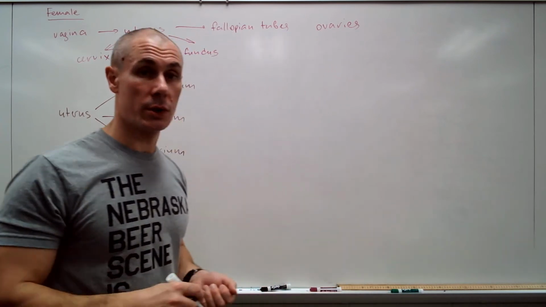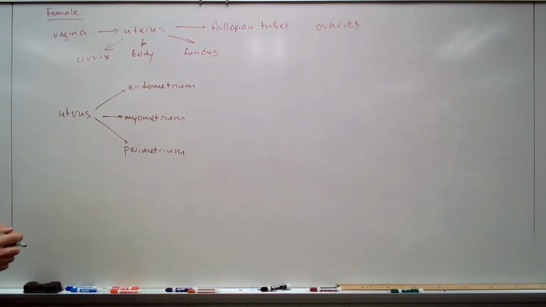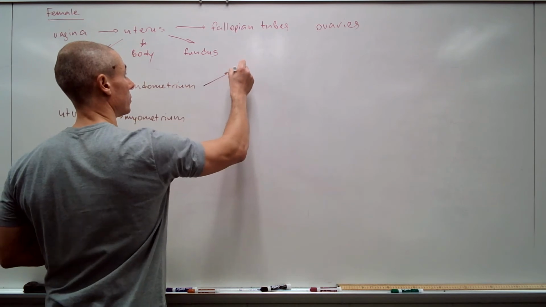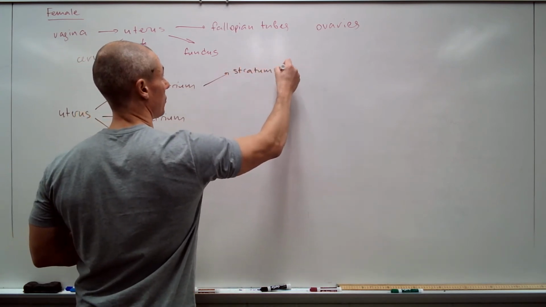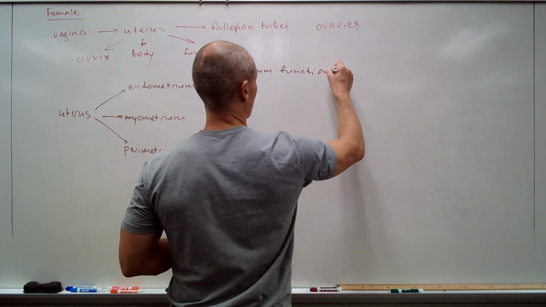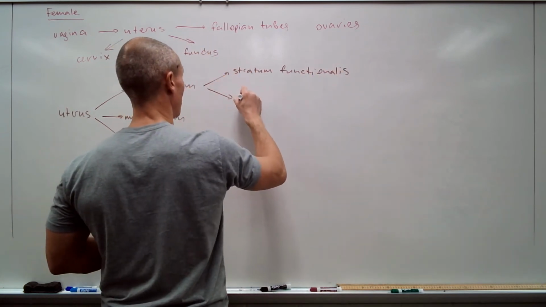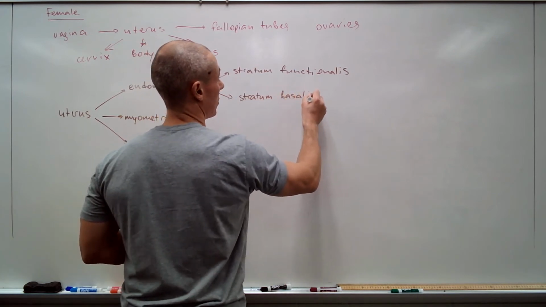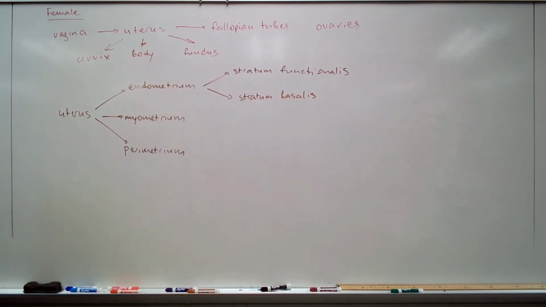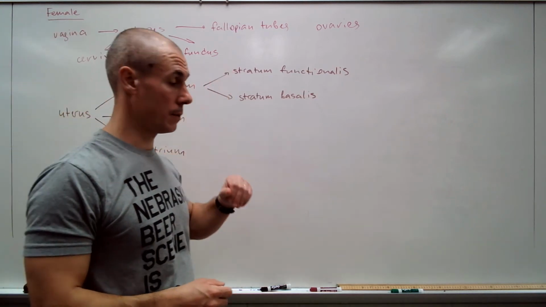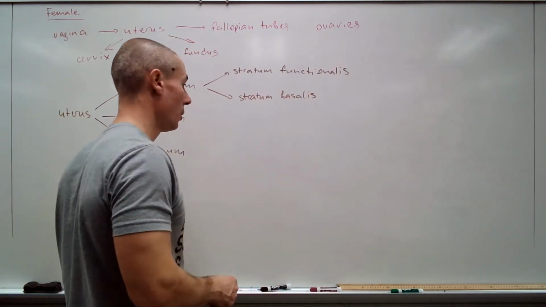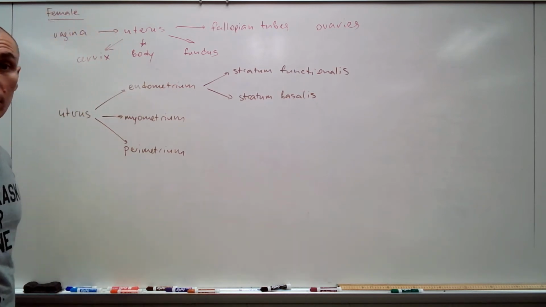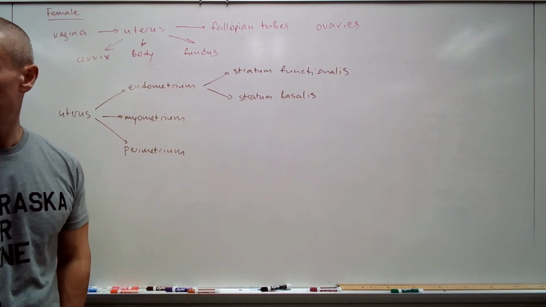And what I want you to understand very, very clearly, look at this. It has two strata, stratum functionalis and stratum basalis. Okay? That makes sense? Now, why do I pay so much attention to this? Because this will become extremely important when we talk about menses.